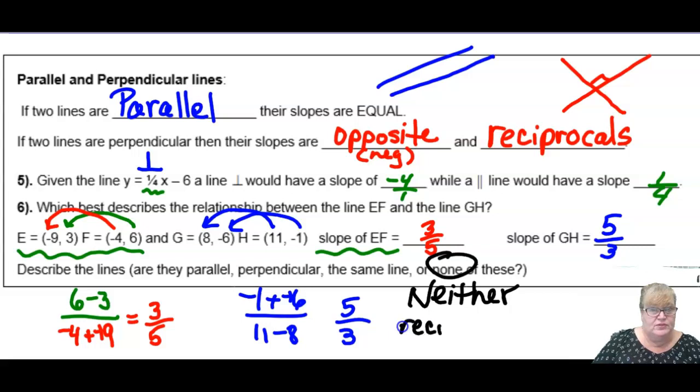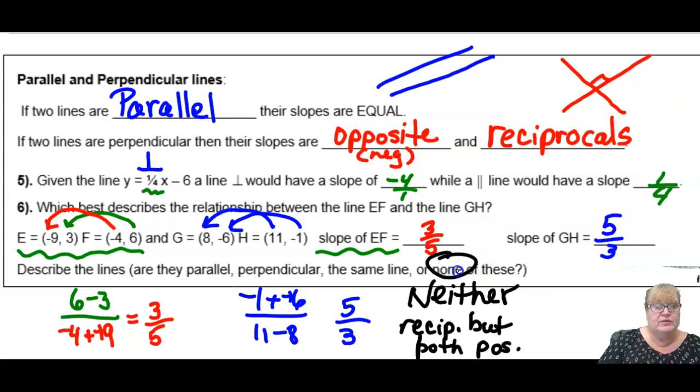They're reciprocals, but both positive. So if we graphed them, they would both go up and over, so they wouldn't make a 90-degree angle, make some other angle.